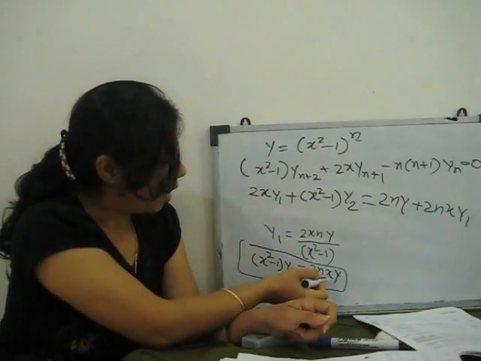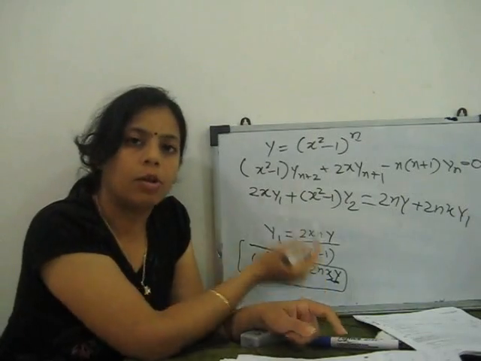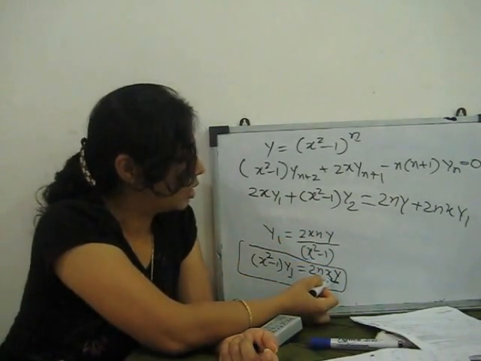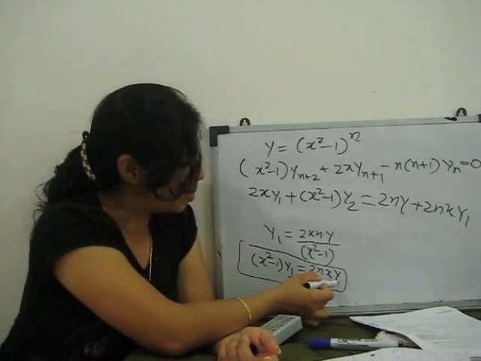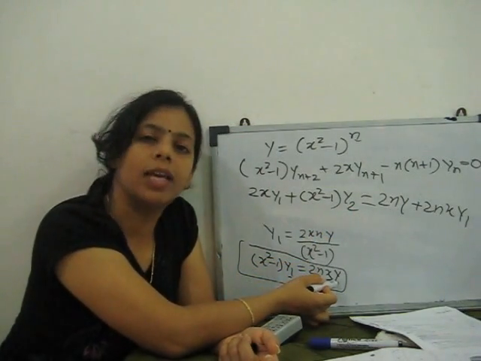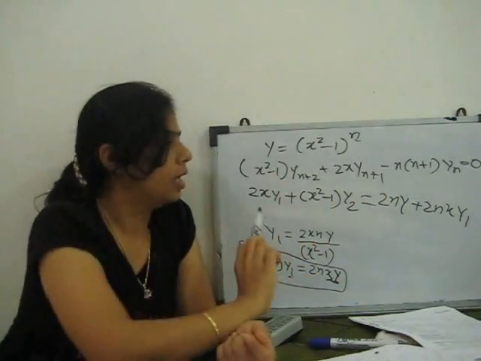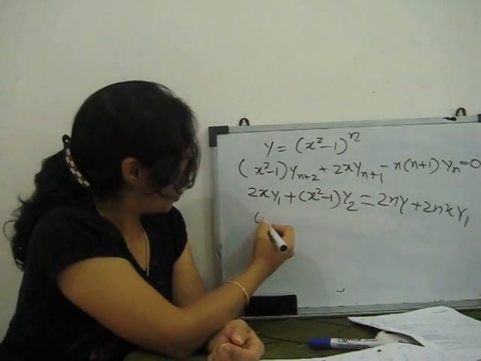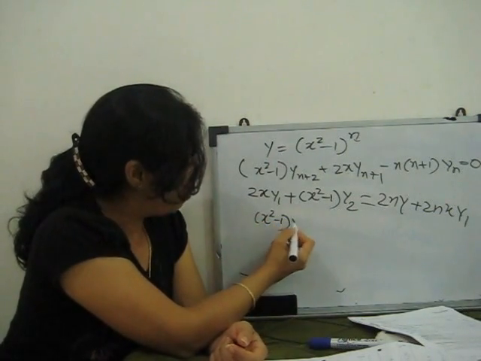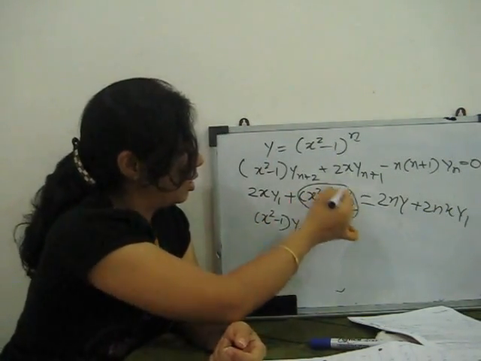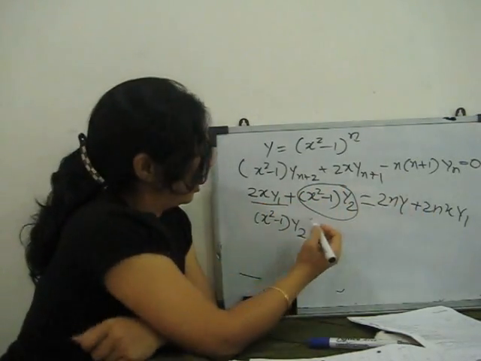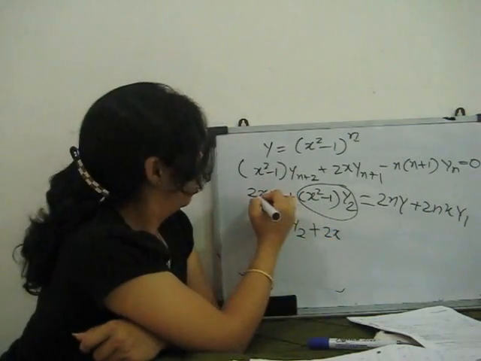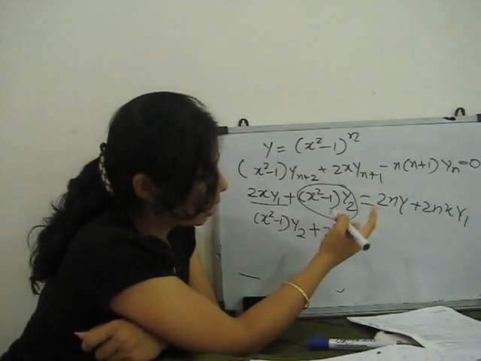Understood? This x and y is a multiplication of two functions. When we differentiate with respect to x, it is 1, y as it is; and with respect to y, x as it is, and the derivative of y is dy by dx, that is y1. Clear? Now you again simplify the equation. (x square minus 1) y2, y2 is only this term. Then y1 this and this. So combine these two terms. 2x is common. 1 plus n.